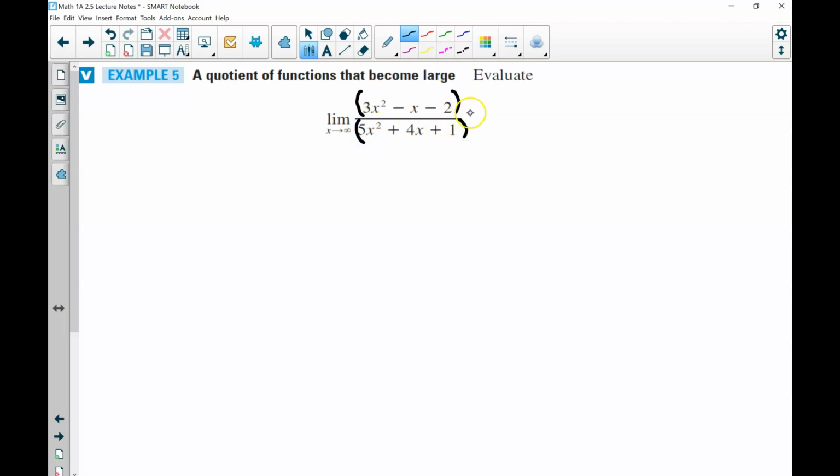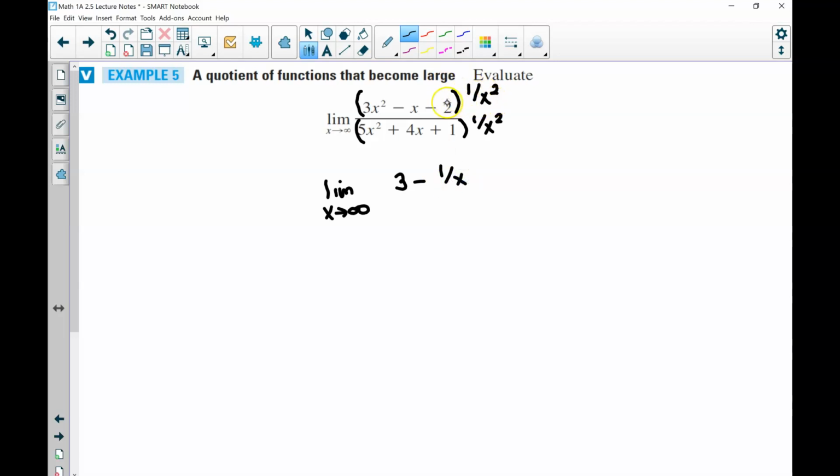What we can do with both the numerator and denominator is multiply both by 1 over x squared, because it's the same thing as multiplying by 1. So let's see what happens. Now we have the limit as x is approaching positive infinity. 1 over x squared times 3x squared leaves you with 3. Minus 1 over x squared times x is 1 over x.